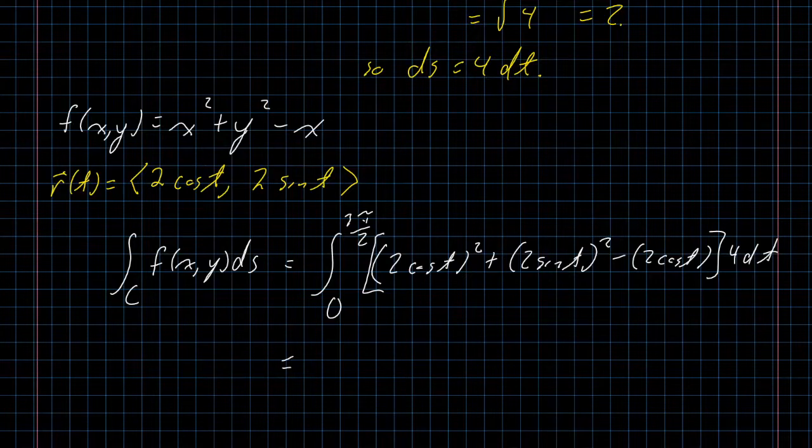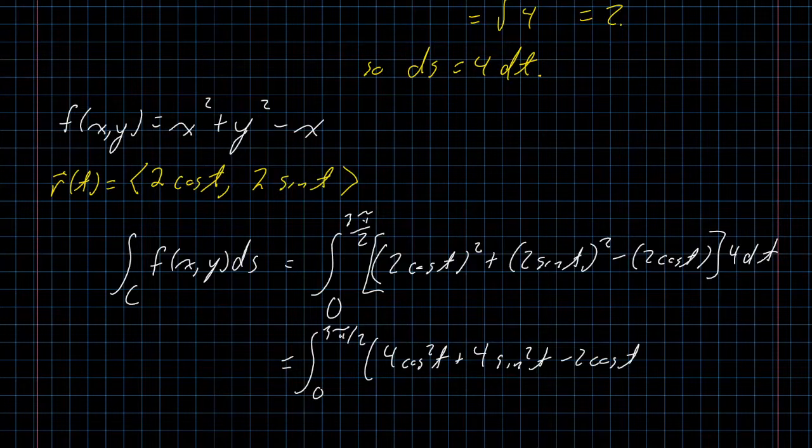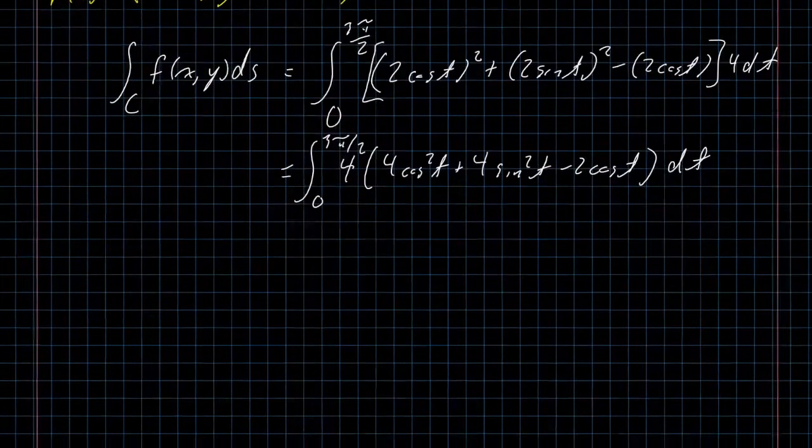All right, before we actually do the integration, we can do some simplifying. Notice that we have cosine squared plus sine squared, which is in fact still equal to 1.